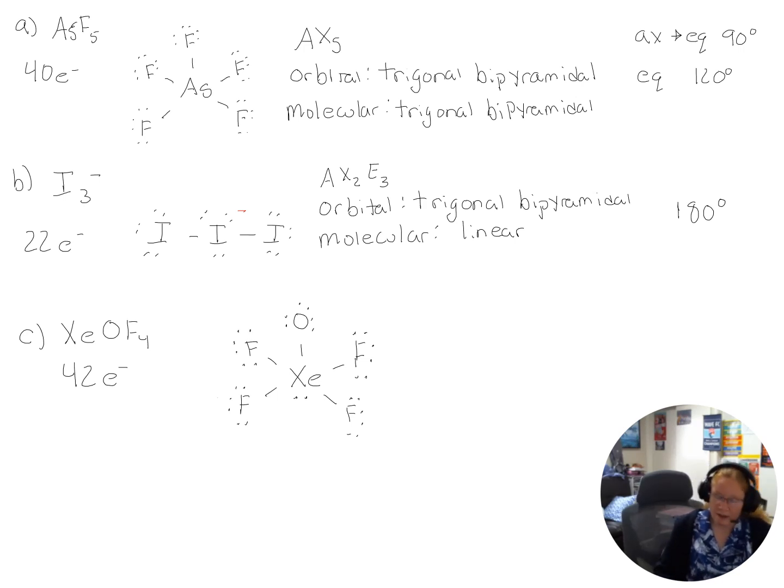On this structure, we end up with a formal charge of +1 on the xenon and -1 on the oxygen, so it's still neutral there. +1 and -1 cancel out.